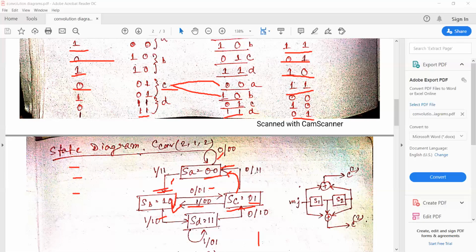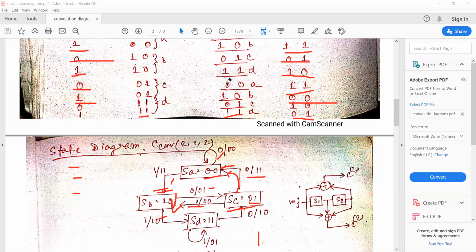The condition is that input should be 0 and output is 1, 1. Also C is converted to B. What is the condition? When input is 1 and output is 0, 0. So a left direction arrow is going from SC to SB. The condition is input is 1 and output is 0, 0. So in this way you have to make the state diagram.